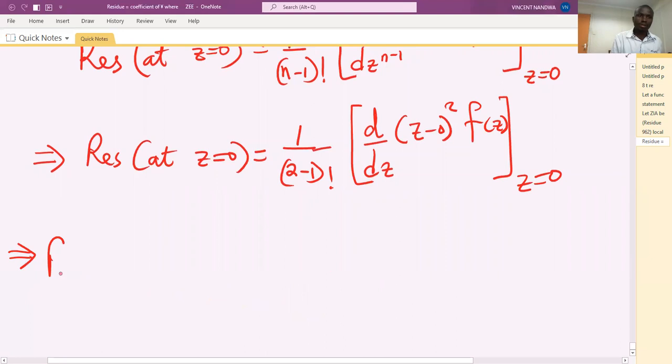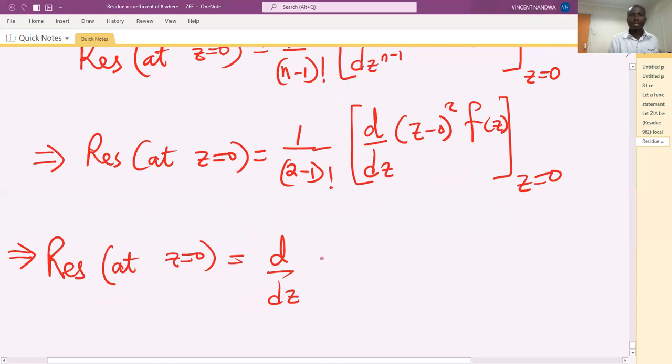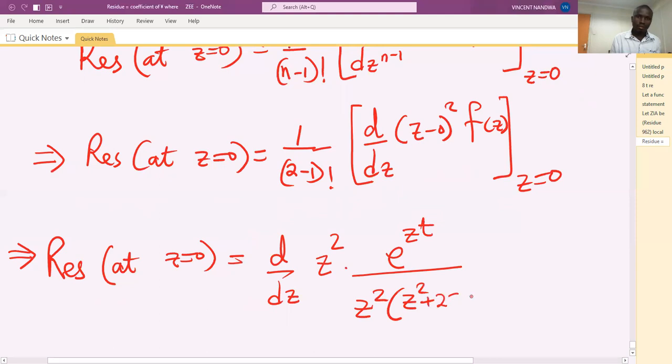So this is just 1. So d dz, z minus 0 is just z. So z squared times the function e raised power zt divided by z squared into z squared plus 2z plus 2. And then remember we do the computations at z equals to 0.